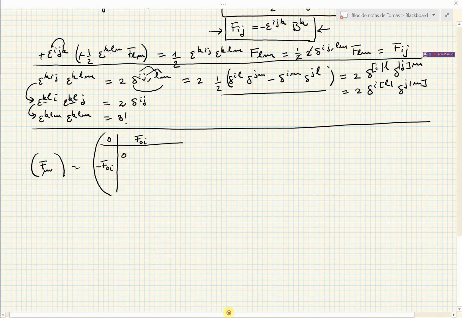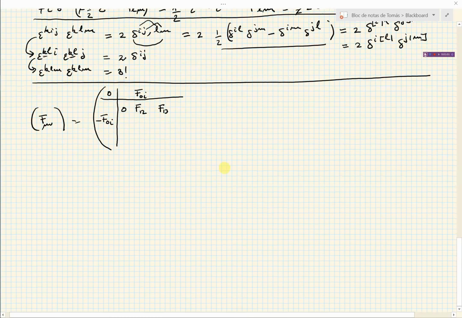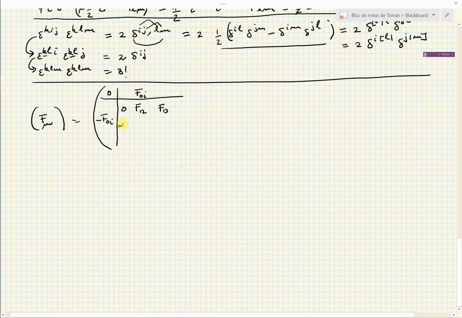Then we have another 0, and here we have F12 and F13, and here minus F12, minus F13, another 0, and here F23, minus F23 and another 0.